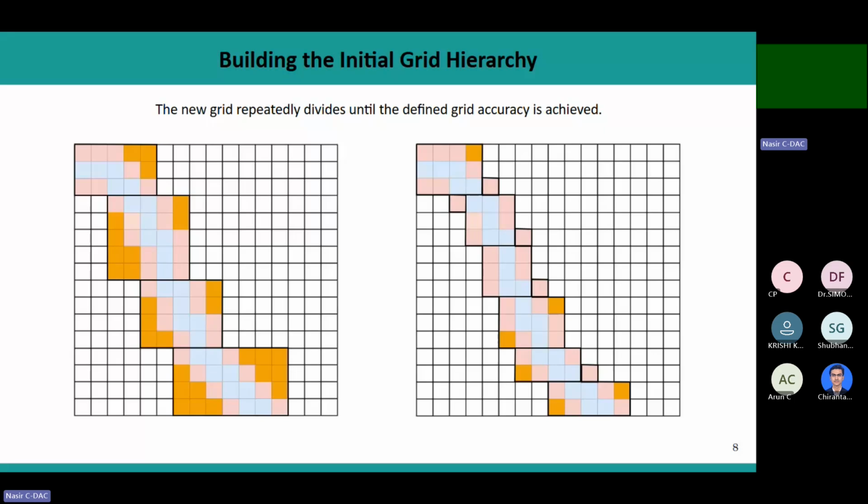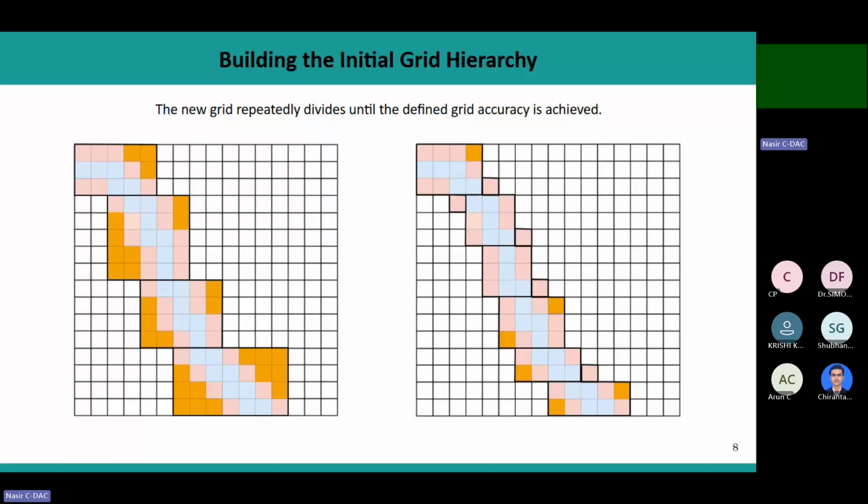This is the grid generation algorithm. Accuracy means in the sense of computation. Suppose I consider this grid hierarchy, eventually I refine that block structure. How do you quantify the percentage accuracy?